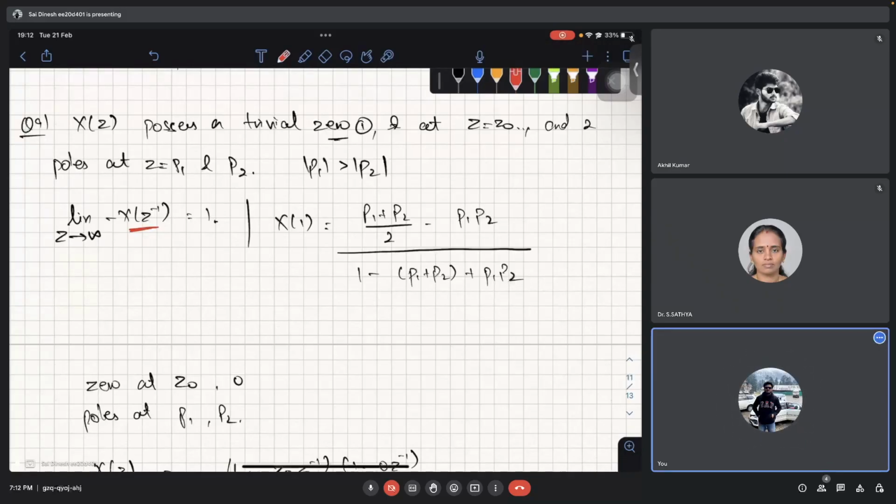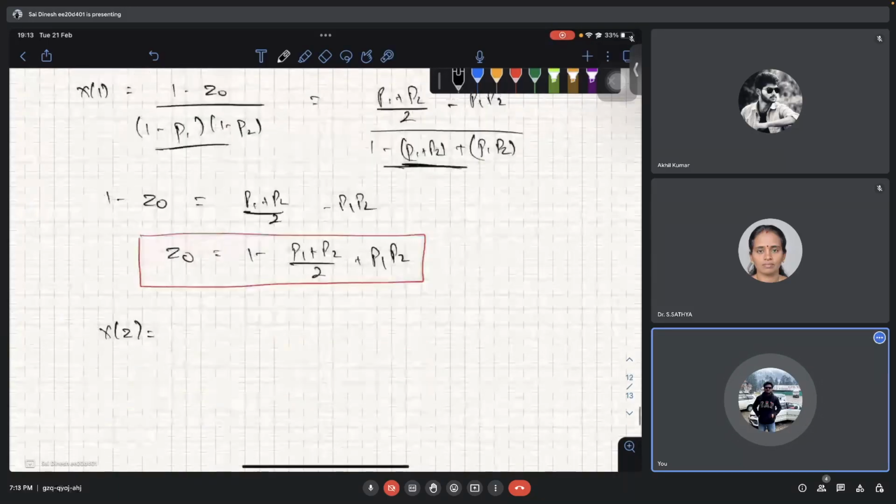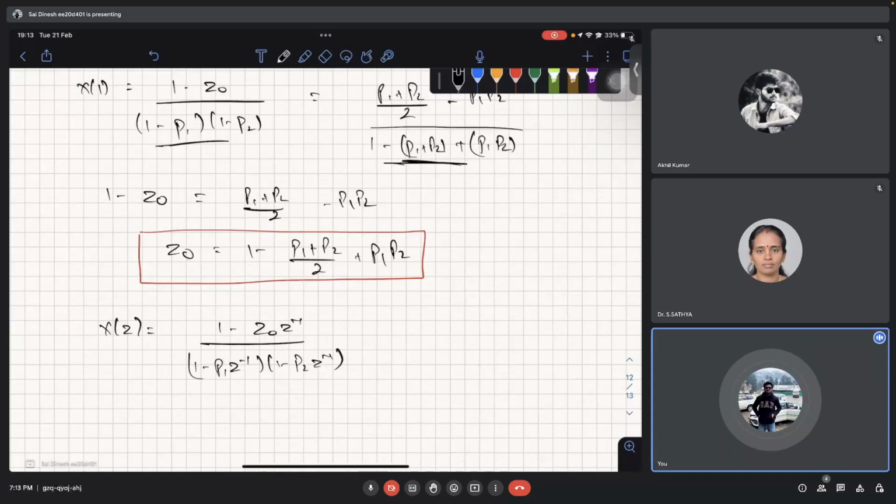So we have x of z equal to 1 minus z0 z inverse over 1 minus p1 z inverse, 1 minus p2 z inverse.